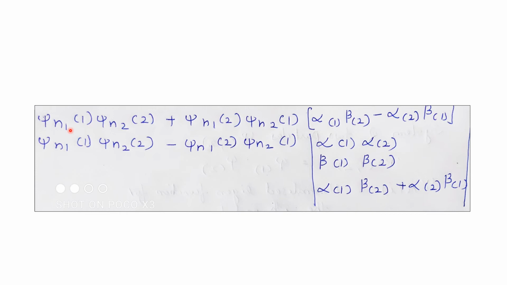From the above slide, we understand that there are 8 possible combinations, but only a few of these combinations are significant. This is because, according to Pauli, no two electrons in the same system can have the same values for all 4 quantum numbers.